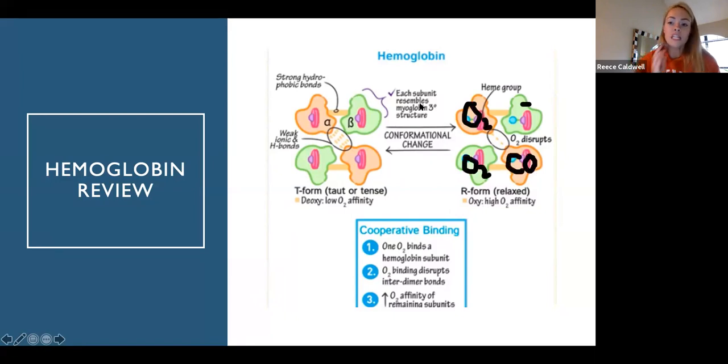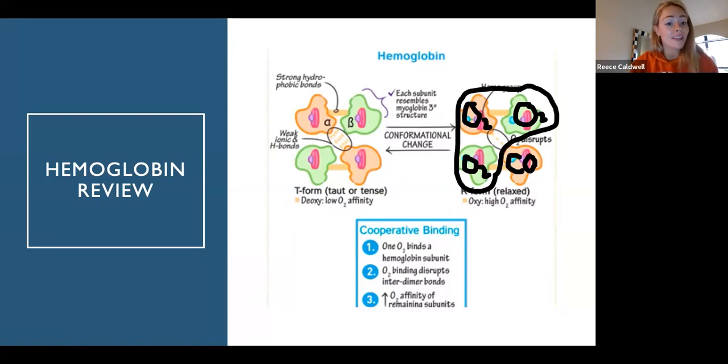However, when carbon monoxide comes in, we see that hemoglobin really likes carbon monoxide. It highly prefers carbon monoxide over oxygen. And when that carbon monoxide binds, it's going to create an even higher oxygen affinity for that hemoglobin, making that hemoglobin really not want to let go of that oxygen.